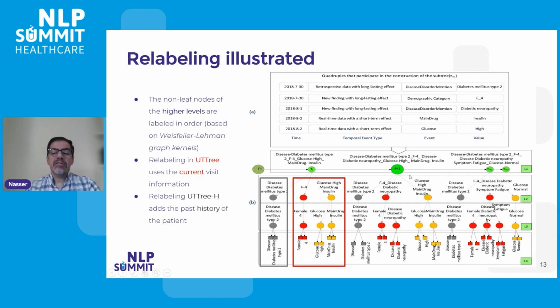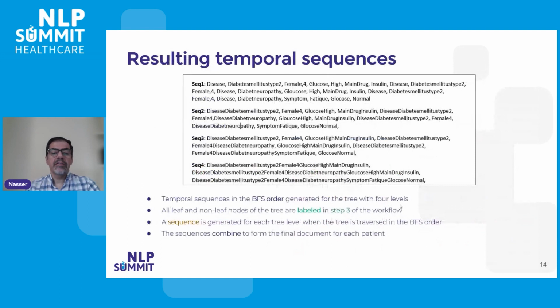So when we construct this tree, we have labels at different levels. The label names for higher level nodes are rather longer. And here we can see an example. The sequence is generated from the tree. The lowest level of the tree, the highest resolution, is shown as sequence 1.